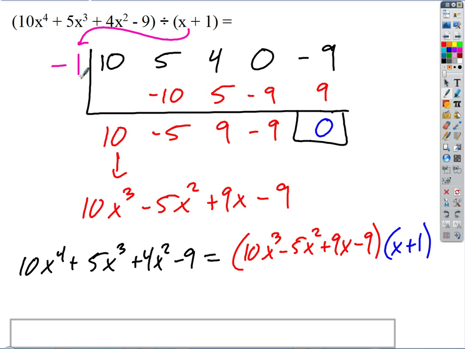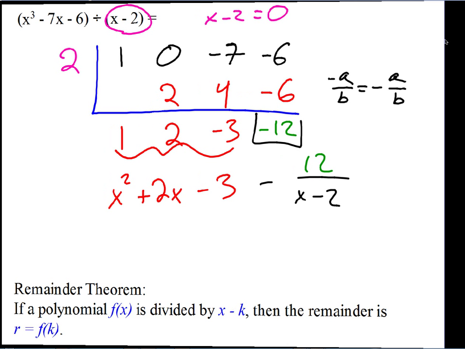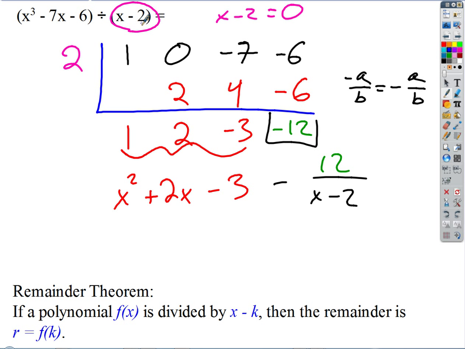The reason you did that is because you said, if I set this equal to 0 and solve, that's the answer I get. In other words, x minus what equals 0? -1. Same pattern held. Here, if x minus 2 was the factor, then 2 was the zero. That's the number I'm subtracting from x always.